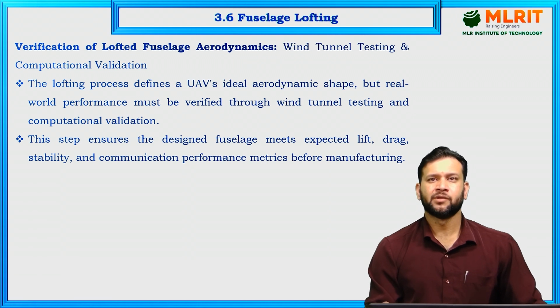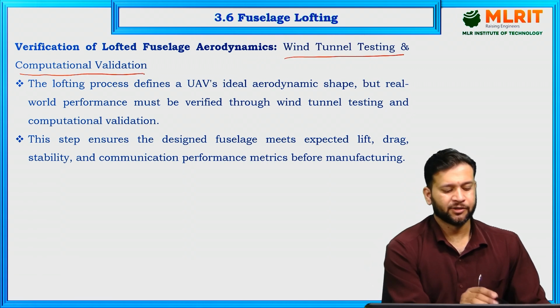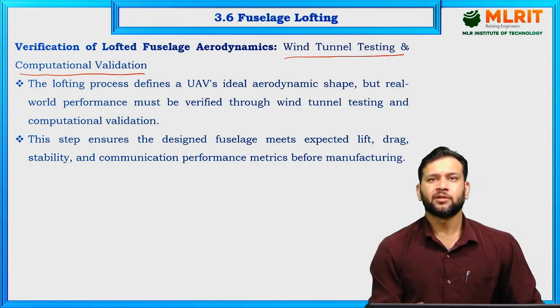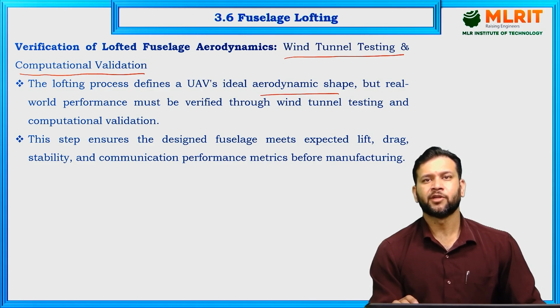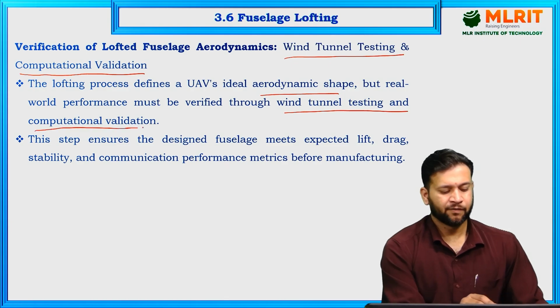Verification of lofted fuselage aerodynamics: wind tunnel testing and computational validation. The lofting process defines an unmanned air vehicle's ideal aerodynamic shape, but real-world performance must be verified through wind tunnel testing and computational validation.